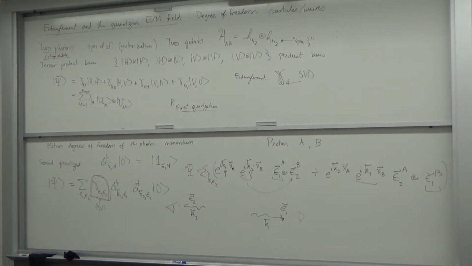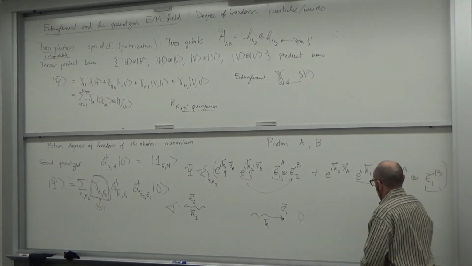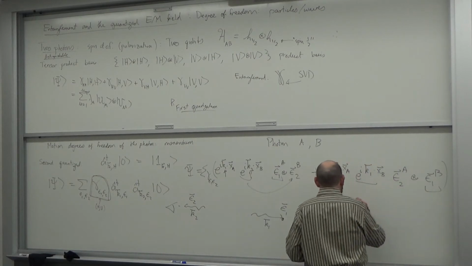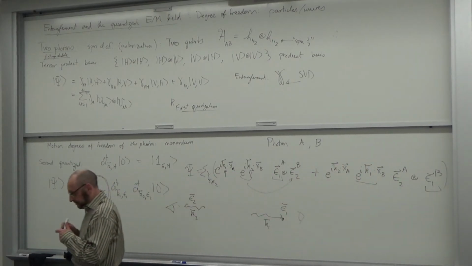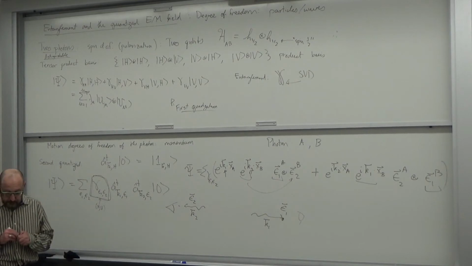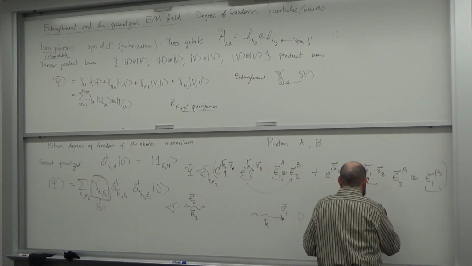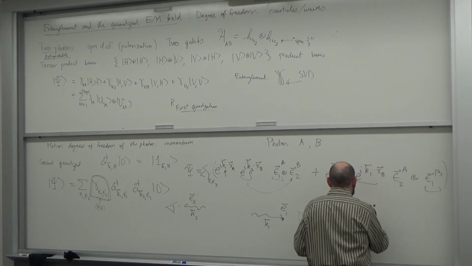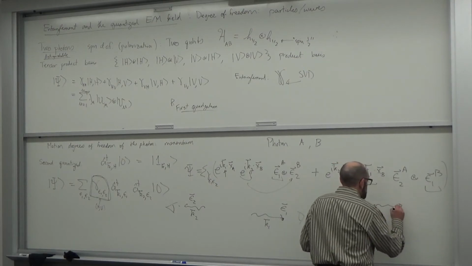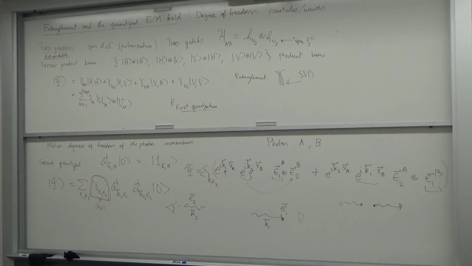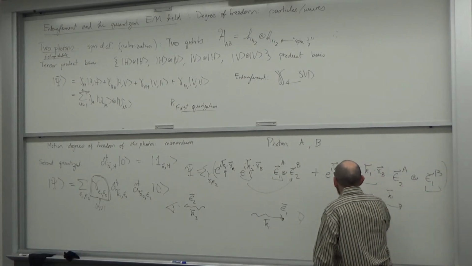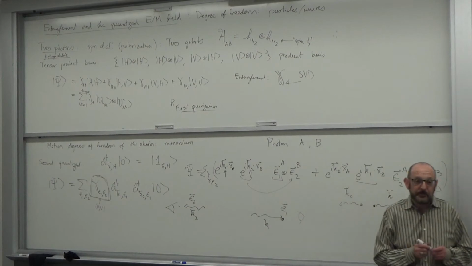So the question is, how do I want to state this? So one of the photons is going off in momentum K1, and the other one is going off in momentum K2. I don't know which is which, right?